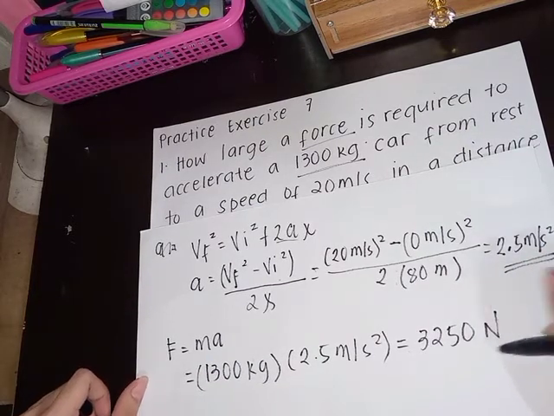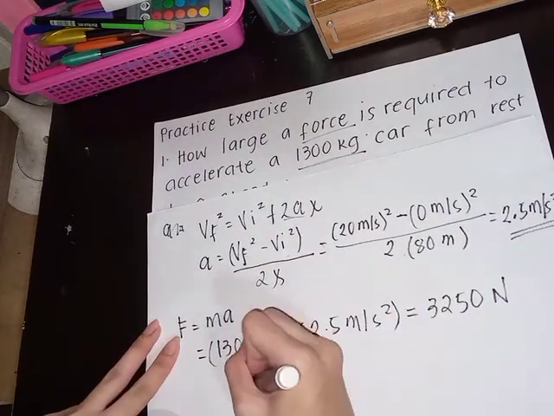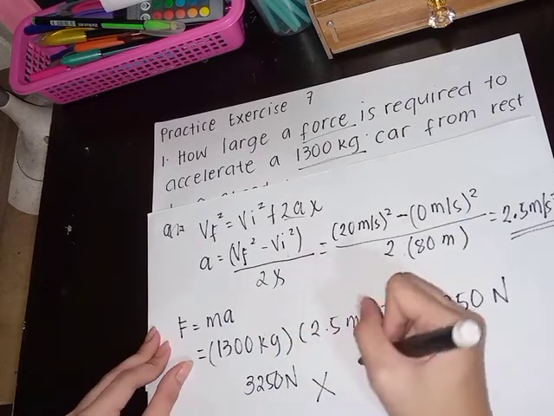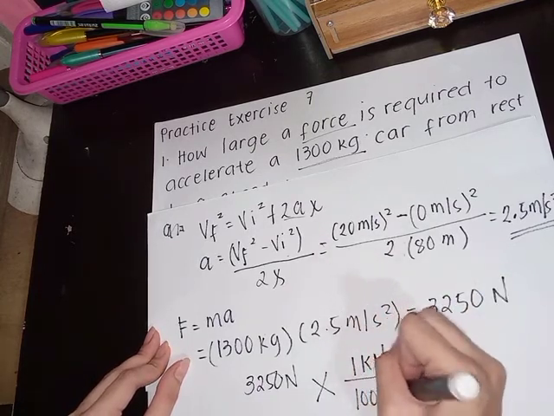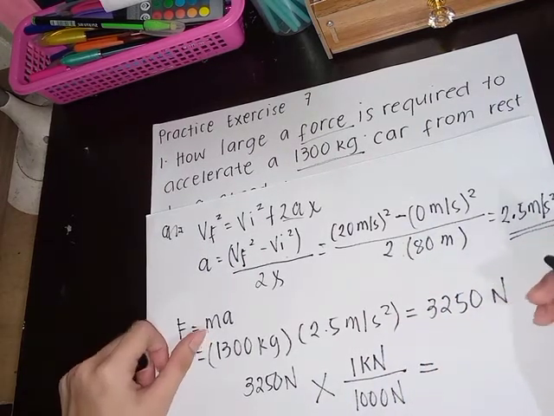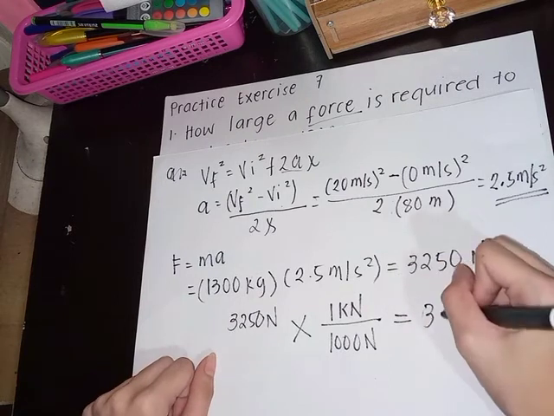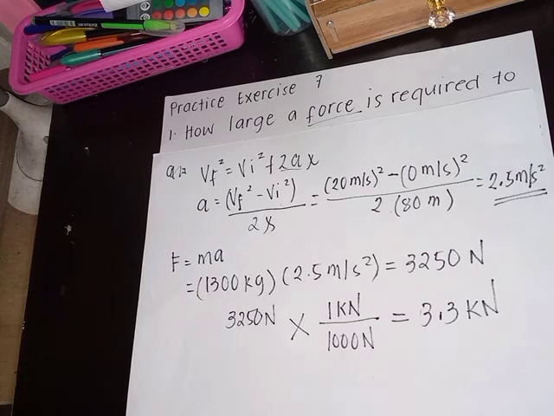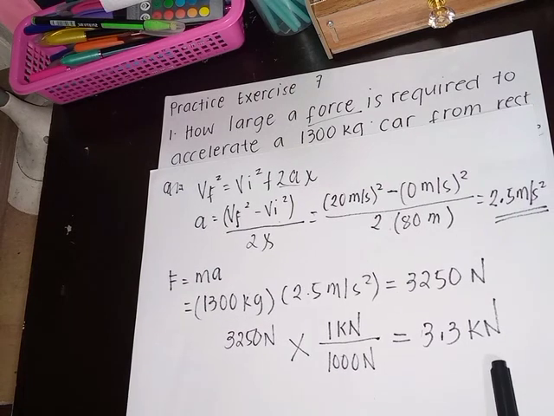So, we have to convert this into a kilonewton. To convert Newton to kilonewton, 1 kilonewton is equivalent to 1,000 Newton. So, calculate. We have 3.3 kilonewton. So, we have the acceleration and the force, which is equivalent to 3.3 kilonewton.